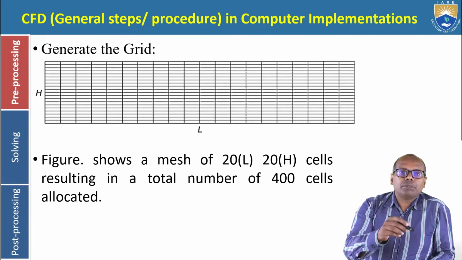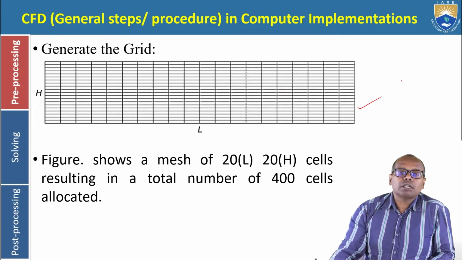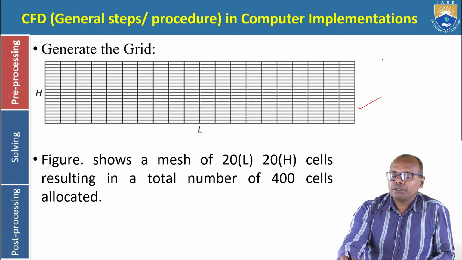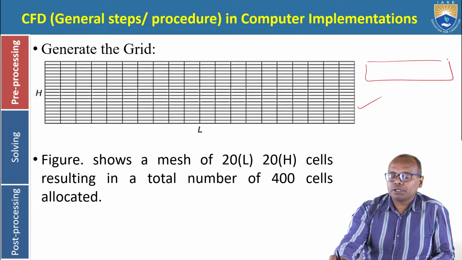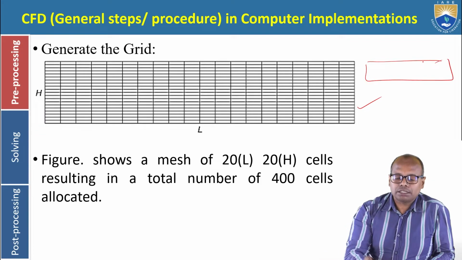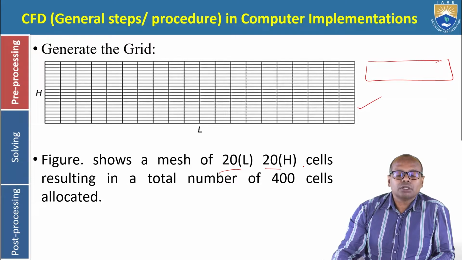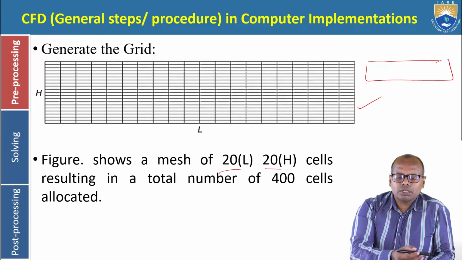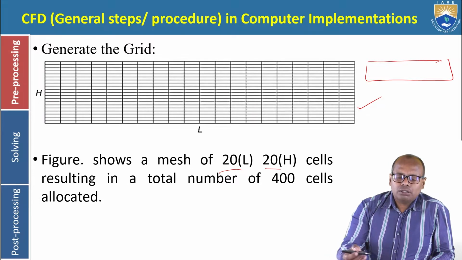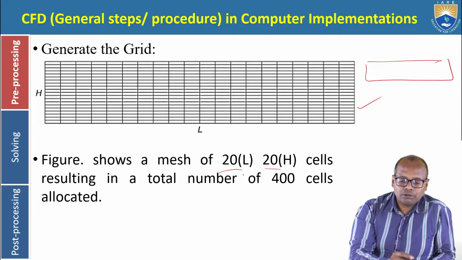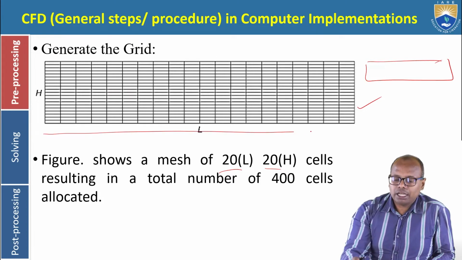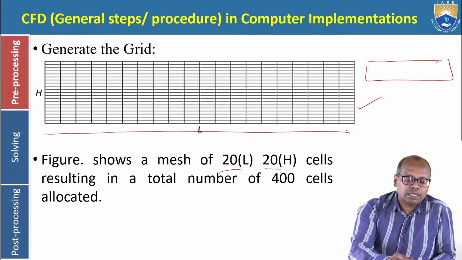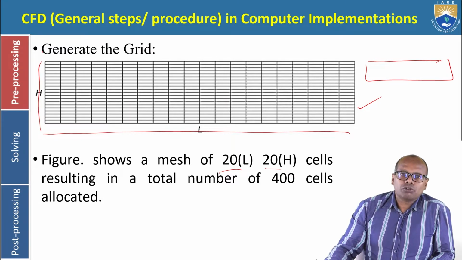So this is the grid for our flow between parallel plates. The length of the grid is 20 mm and the height of the grid is 20 mm. Say suppose, I am saying it is not 20 mm. What I have done is, this side I have made into 20 pieces and this side I have made into 20 pieces.